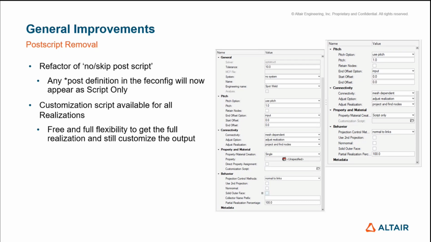This is now leveling out and finally enabling, from a functionality point of view, across a broad spectrum, how you would go through the process of customizing and editing all of your connectors. So unless you specifically go via customization script, then you shouldn't see any real difference for those who still have legacy PostScripts defined in the FE config file.